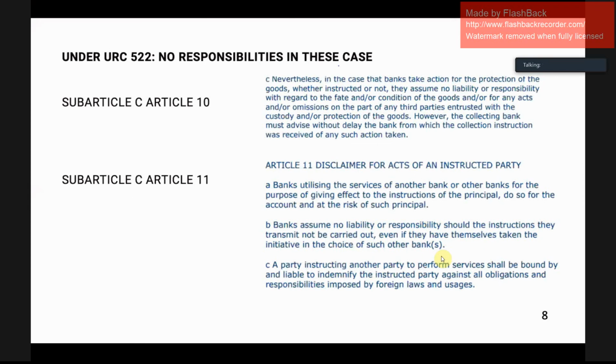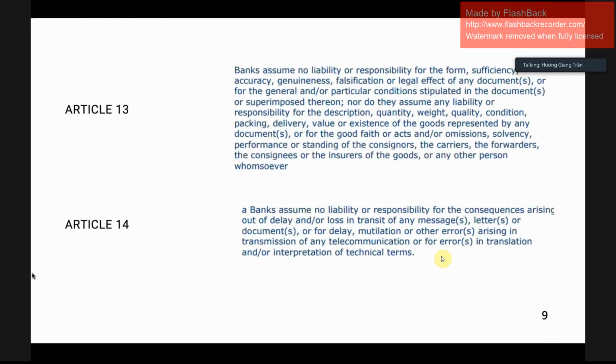As you can see, under the URC 522, we see that the remitting banks do not take any responsibility in the collection process. They are expressed through Articles 10, 11, 13, and 14 I mentioned here.